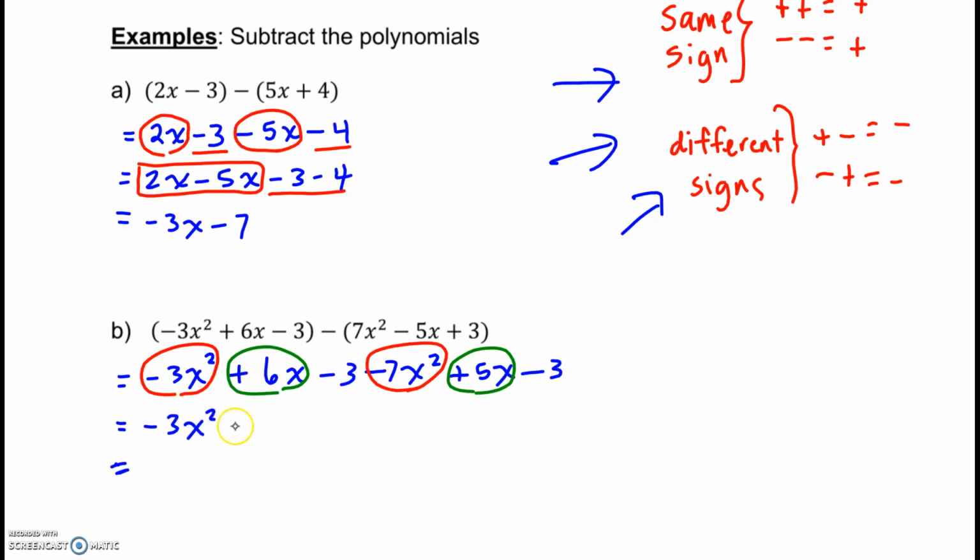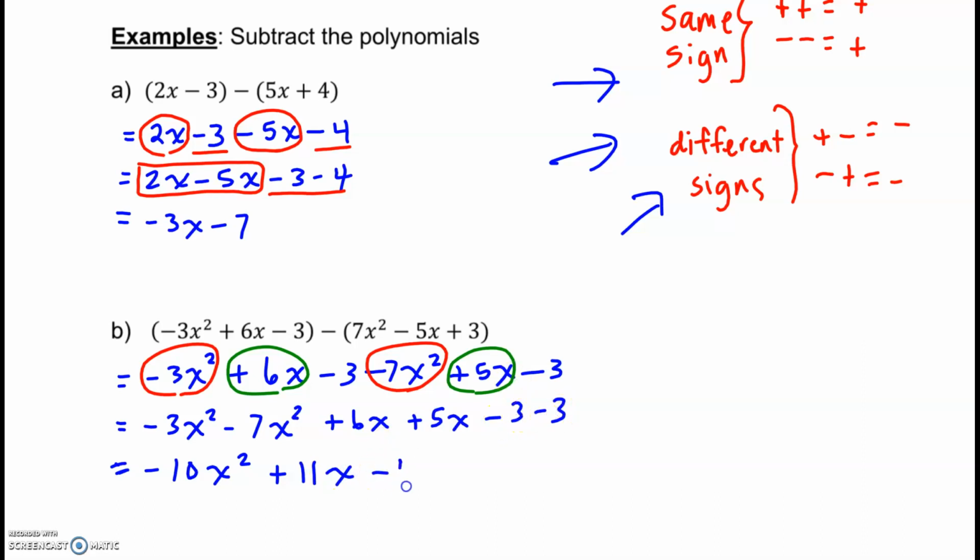Organized, -3x squared minus 7x squared plus 6x plus 5x minus 3 minus 3. So -3 minus 7 is -10x squared. +6 plus 5 is a +11x. And -3 minus 3 is a -6.